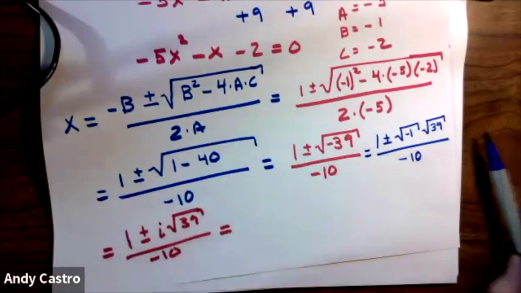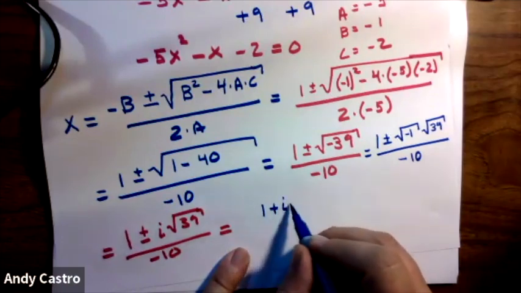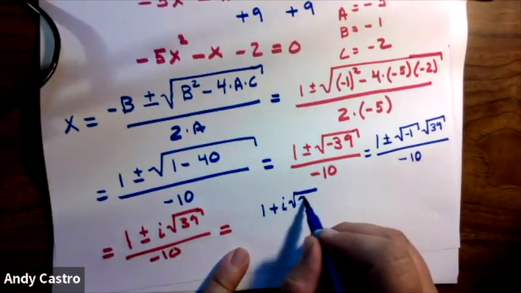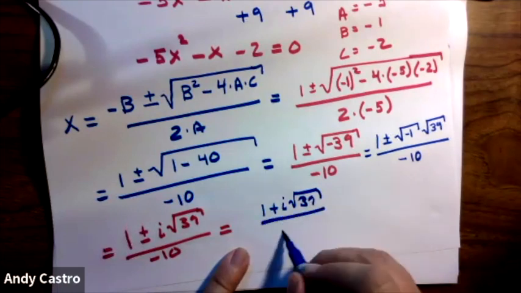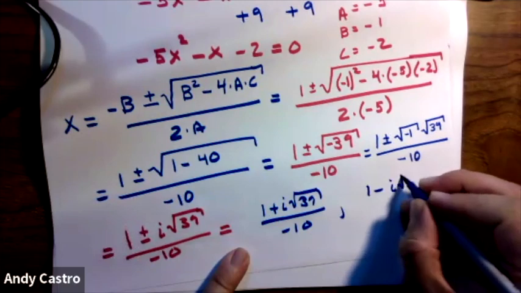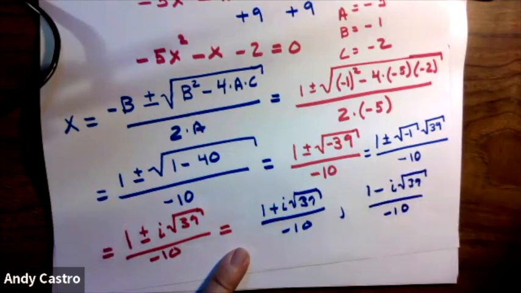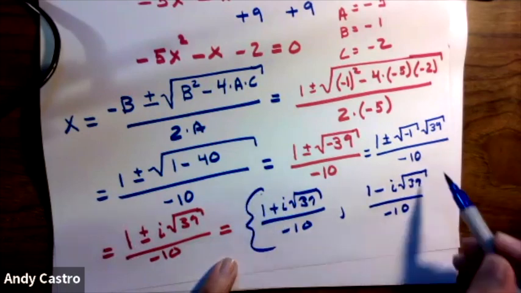So this gives me two answers. 1 plus I square root of 39 over negative 10, and 1 minus I square root of 39 over negative 10.